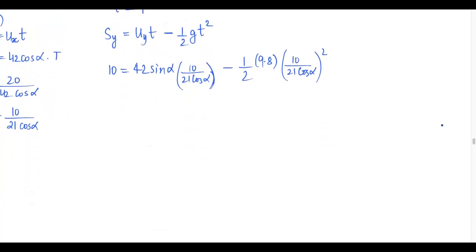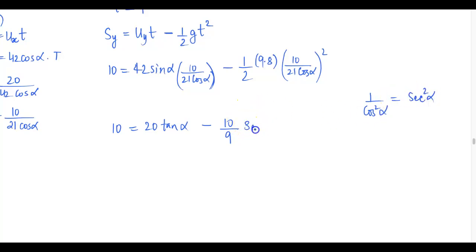So we just have to simplify this. It can be written as 20 tan alpha, sin alpha over cos alpha, and minus, if we simplify this, 10 over 9. 1 over cos squared alpha can be written as sec squared alpha, right?